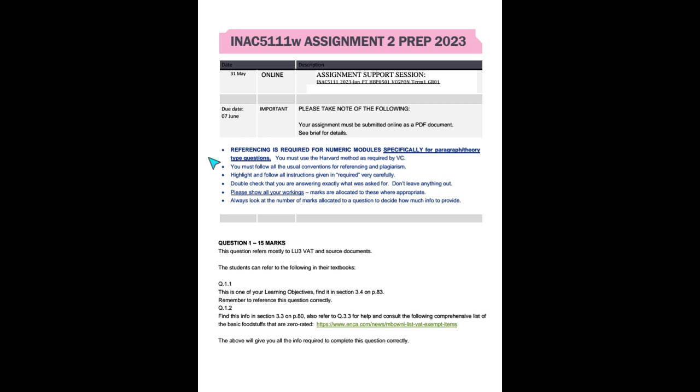And also question 5: the first part you don't have to reference, but really only 5.2 in question 5 you have to reference. But you'll recognize which ones you have to reference.